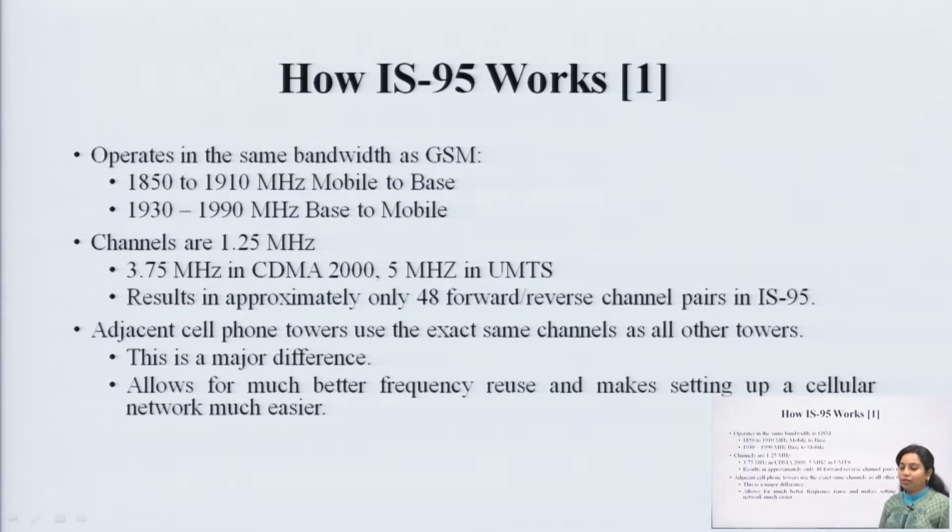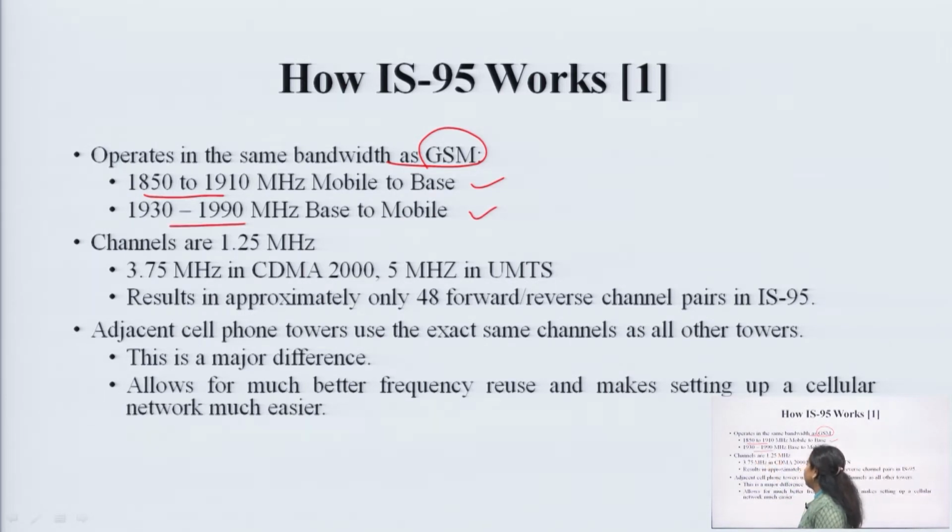Now, the second question that comes to our mind is how this IS-95 will work. It operates in the same bandwidth as the GSM system. Since it is full duplex communication, 2 bands of frequencies are required. One is for mobile to base station, which ranges from 1850 megahertz to 1910 megahertz, and the next one is from base station to mobile phone, which ranges from 1930 to 1990 megahertz.